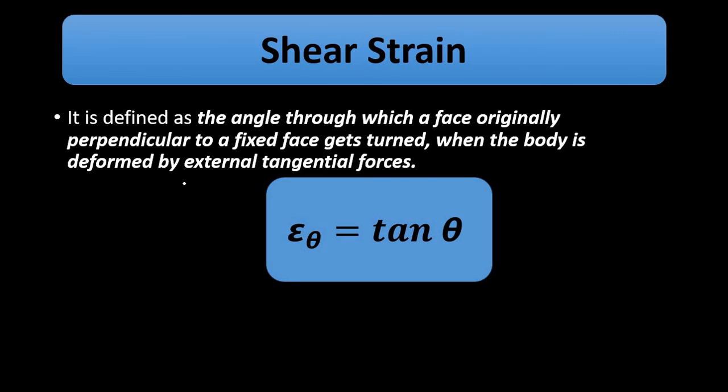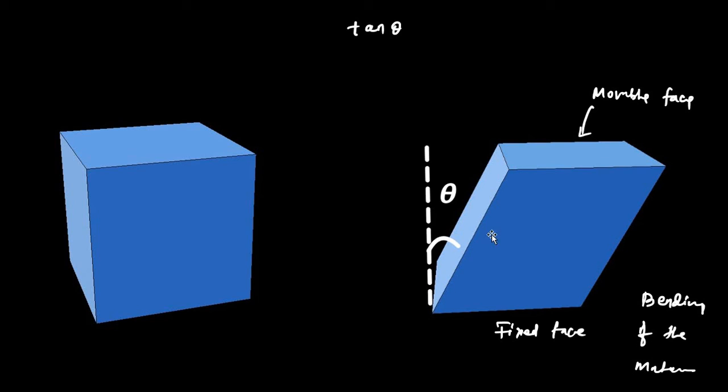So it is the tan of the angle of turn or angle of bending of the movable face with respect to the fixed face. The force is acting in this way here.